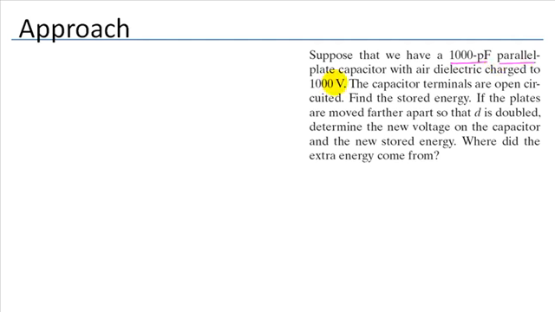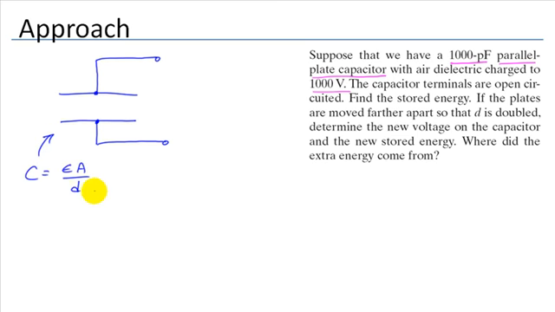Let's consider the information we have in the problem statement. We have a 1000 picofarad parallel plate capacitor with air dielectric initially charged to 1000 volts. So we can imagine the parallel plate capacitor.